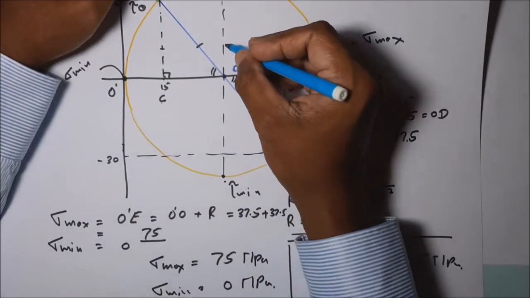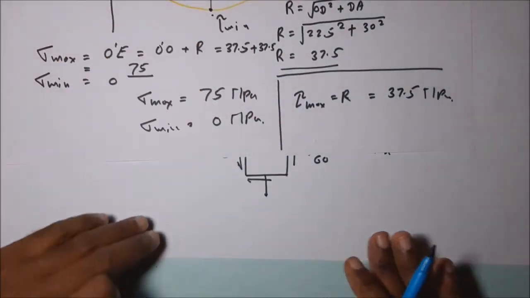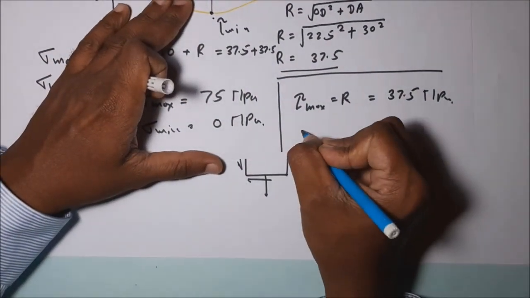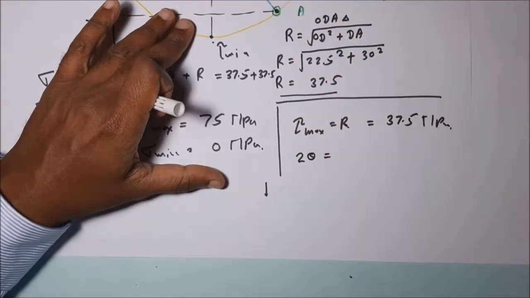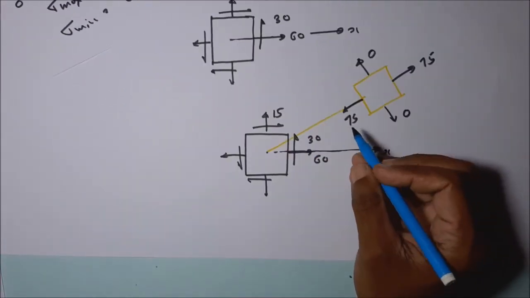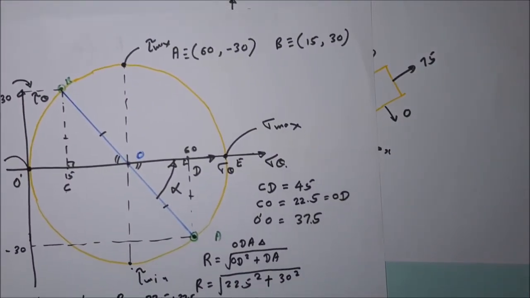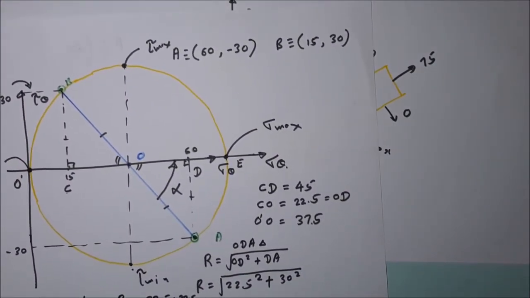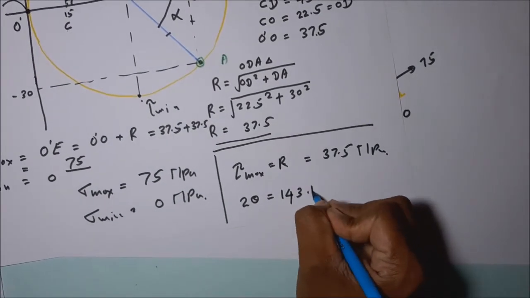So what is the angle for this one? For the maximum shearing stress plane, the 2 theta angle is equal to alpha plus 90. Alpha we got as 53.13. 53.13 plus 90 is equal to 143.13.